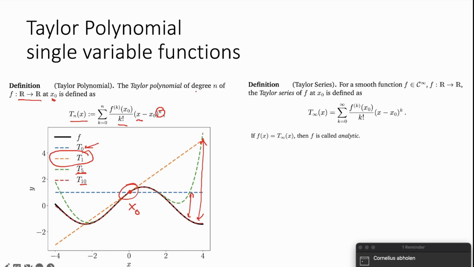So it's T infinity. So it goes from k equals 0 to infinity of the same term as before. So the kth derivative at this point x0 divided by k factorial times x minus x0. So x0 is the point where we do the approximation, to the power of k.